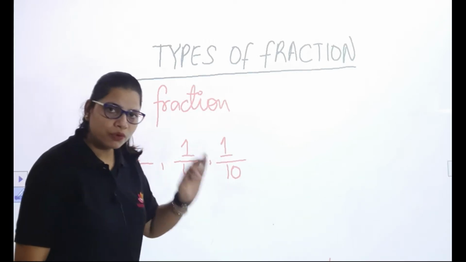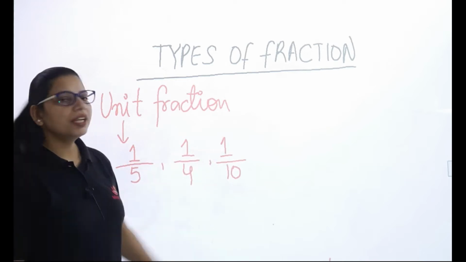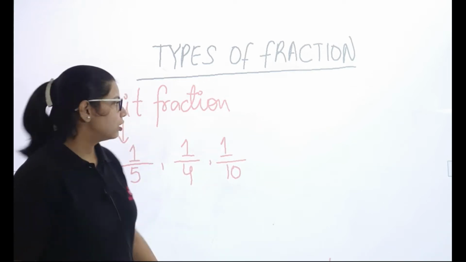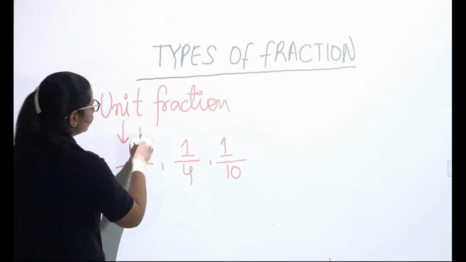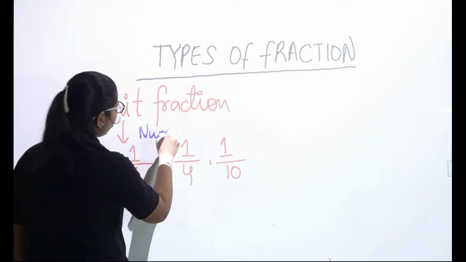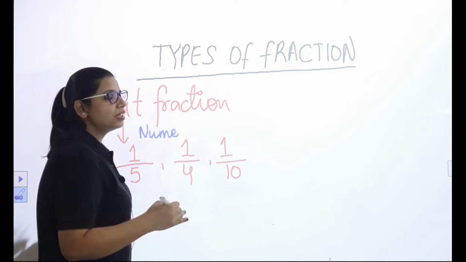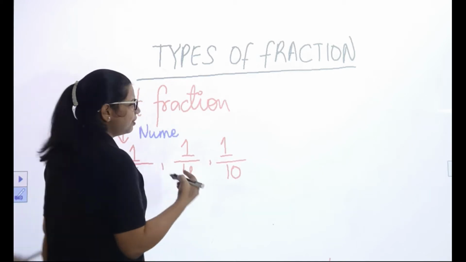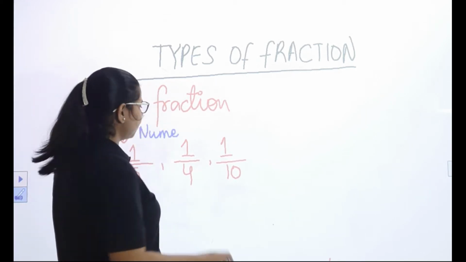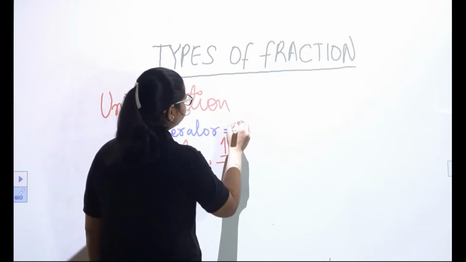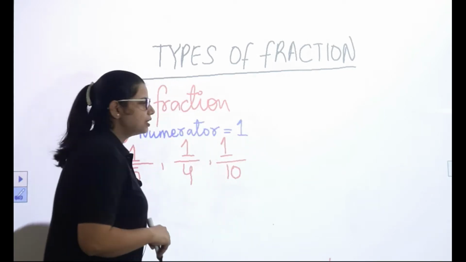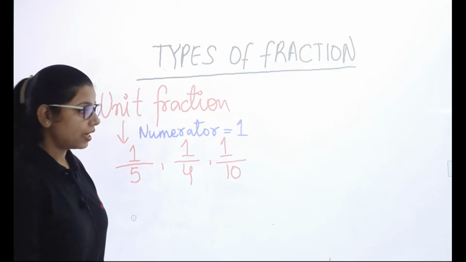The point to focus on is that the numerator is always 1. Unit means 1, single. So the numerator is always 1, that means always the same. Numerator is equal to 1. This is what we call a unit fraction.